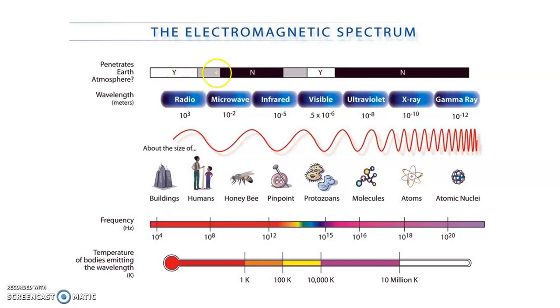This white and black line is trying to classify which of those waves can penetrate our atmosphere. The wavelength is something that we have heard a lot about, and we have radio waves. This is a unit that represents the length, how big they are. Then the microwave, the one that we use in devices in the kitchen. Infrared is also something that we have seen.